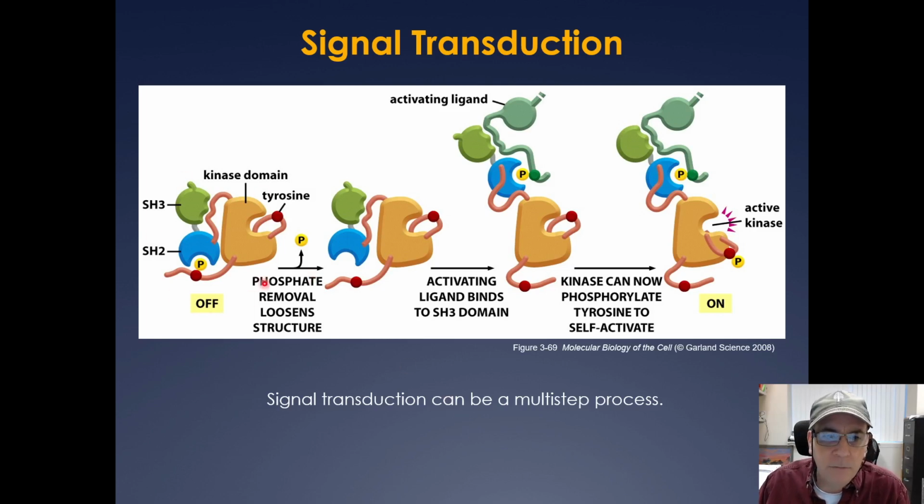Okay, so here you have your protein kinase, where you have an SH2 domain binding probably a phosphotyrosine here, and then you have your tyrosine here, and once this phosphate's removed, the SH2 domain no longer binds, and so it can undergo a conformational change and bind to a different ligand that is also phosphorylated, and that can make it so the kinase becomes active and gets phosphorylated and basically becomes self-activated, right?